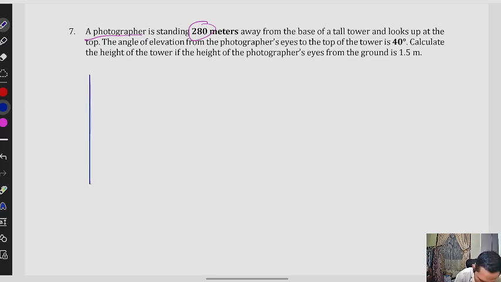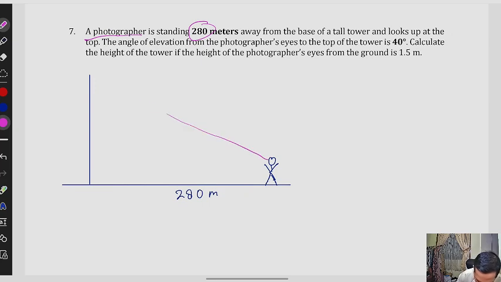Here's the tall tower. And then the photographer, let's make the ground first. This is the ground. And then we have the photographer standing. The distance from the tower is 280 meters, right? So we have 280 meters away from the base of the tall tower. And the photographer looks at the top here.